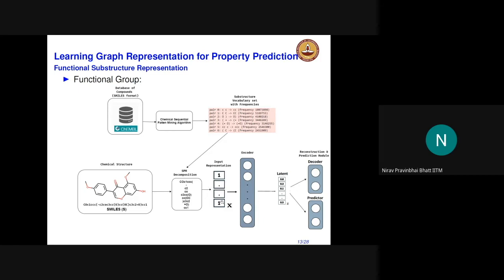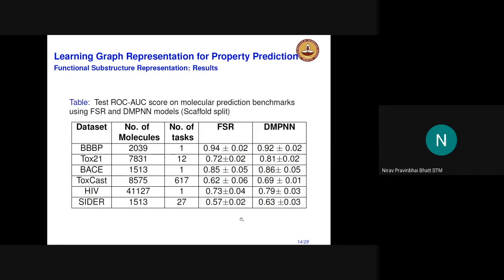Now the question is, does this approach do a better job? So we have tested this approach on a set of data sets. We have tested on more data sets, and I'm just showing you some of them. We can see that in some cases, it is behaving better than the DMPNN.